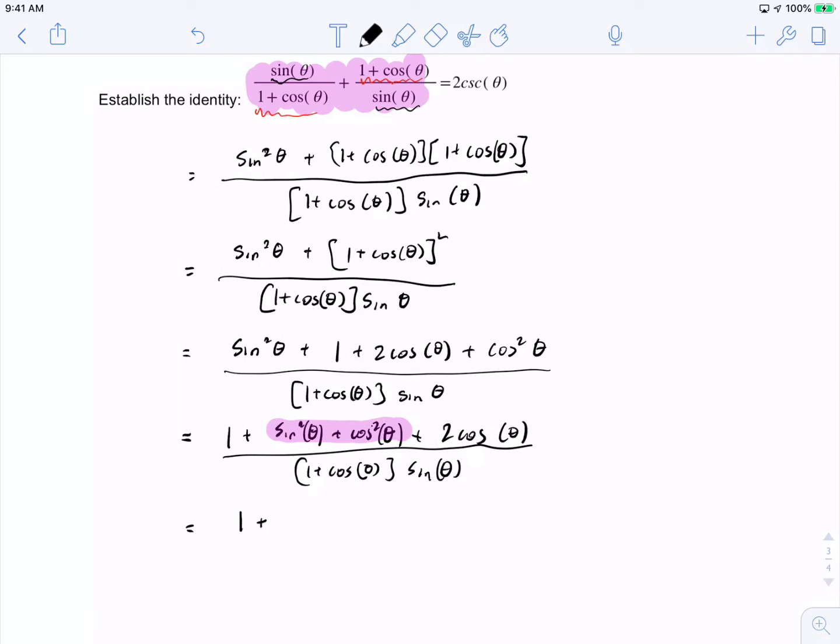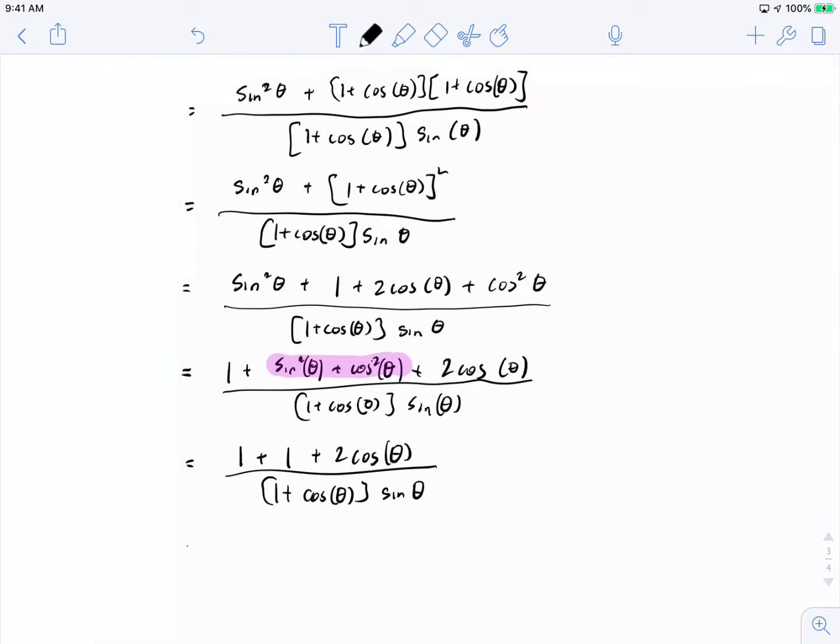So I'm going to go 1 plus 1 plus 2 cosine theta all over my denominator. And what this is going to allow me to do is now I can factor out a 2, right? So I'm going to get 2 plus 2 cosine theta over this denominator.